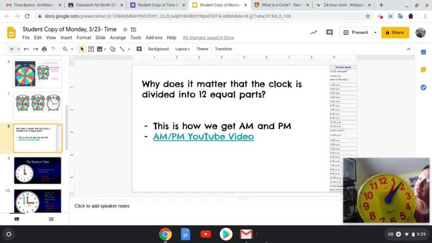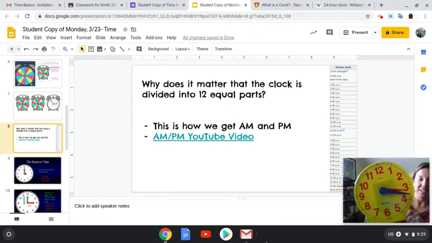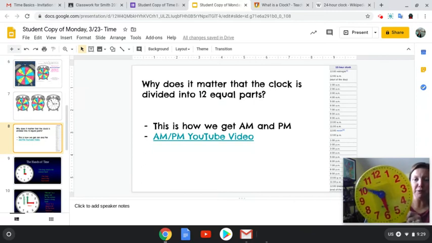So if the clock goes around 60 times, and that's 1 hour, then the clock keeps going. See, the minute hand keeps moving, the hours keep going.